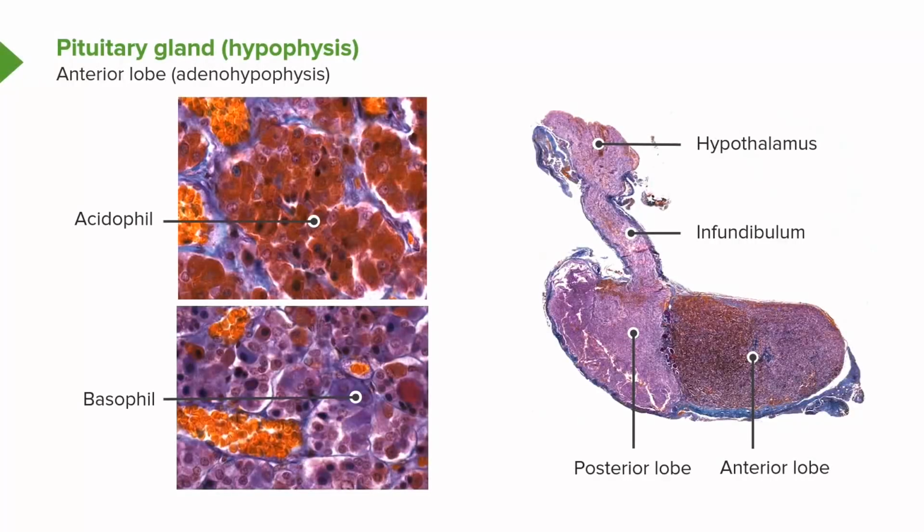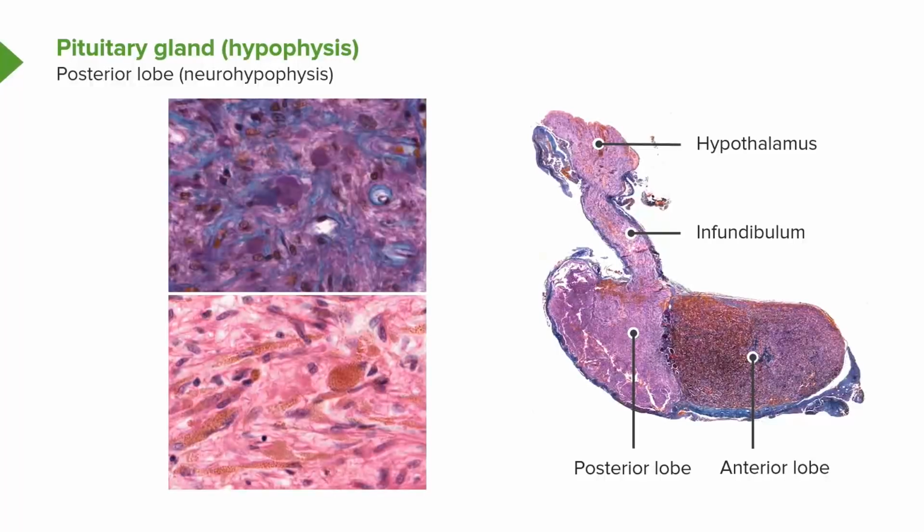Those coloured structures you see in the section are actually blood vessels, blood capillaries. The pituitary gland, both the anterior pituitary and the posterior pituitary, being an endocrine gland, are extremely vascular, as you'd expect, because those blood vessels take away the secretory product.